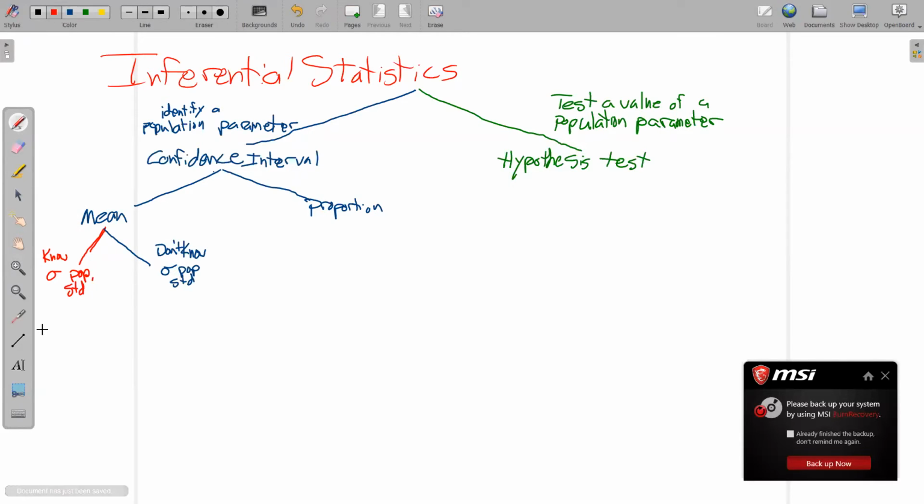If we think we do know it, then we're going to use a normal distribution. And if we don't know the population standard deviation, we're going to use what's called a t distribution. So more often we're going to use the t distribution.